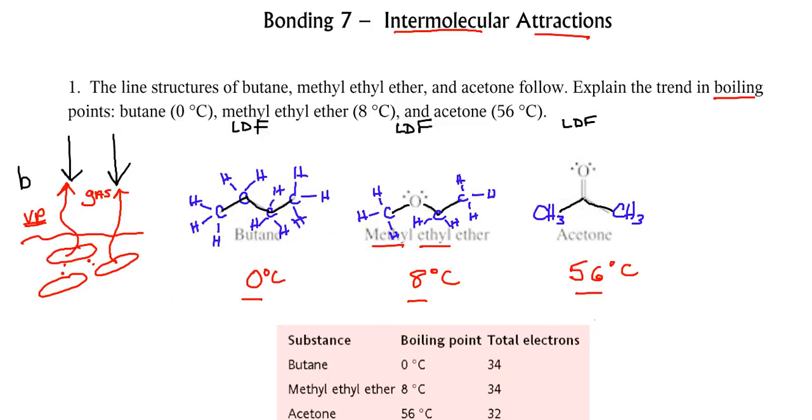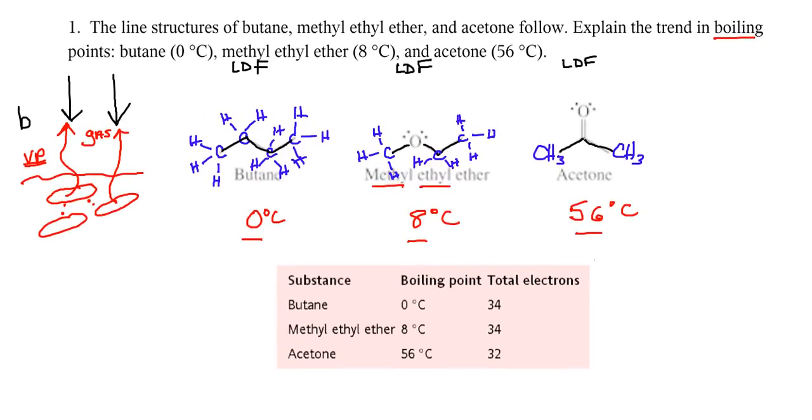Now, if we look at the little box they gave us here, notice they gave us the total number of electrons, and the electrons are essentially even. Why do we do this? Because we know polarizability, and that's a really important term, something you want to put in your back pocket.